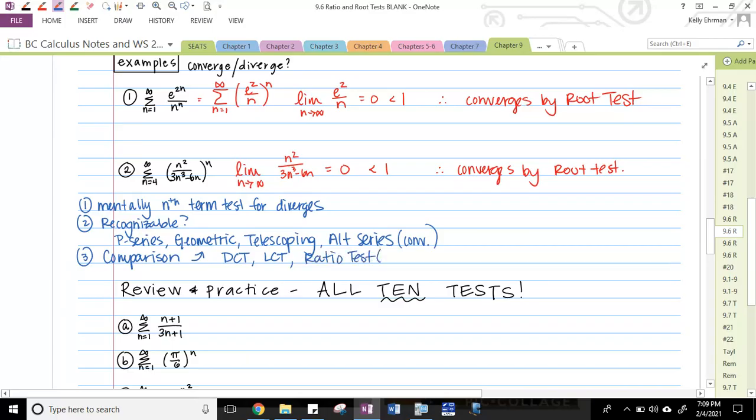Are factorials involved? Or maybe it's a root test, a bunch of things to an n power, like a whole fraction to an n. If I've exhausted all of those options, then I'll begrudgingly do integral test, as long as the terms are positive, decreasing, continuous.